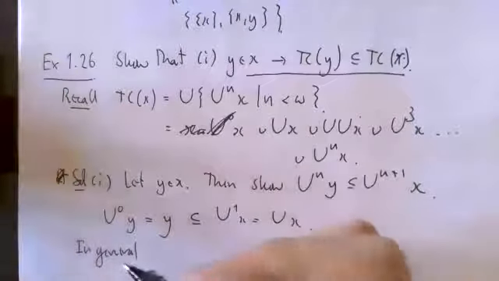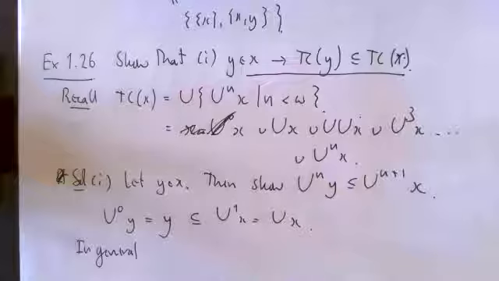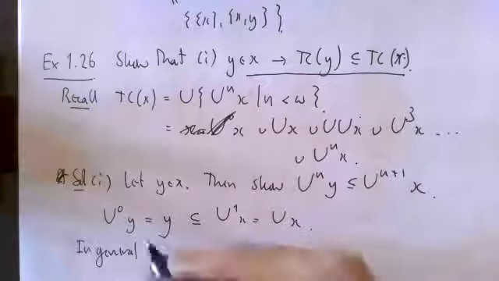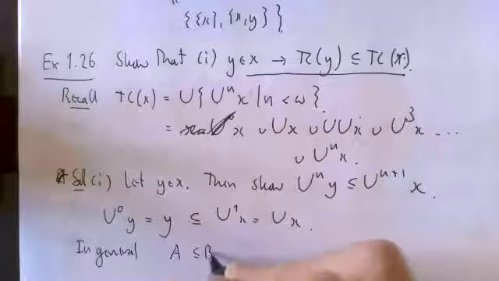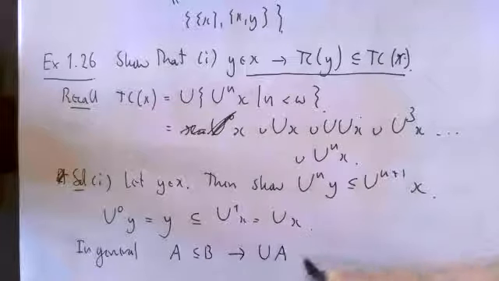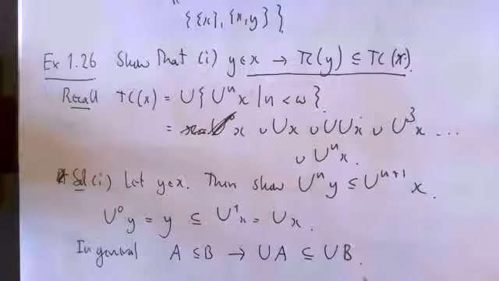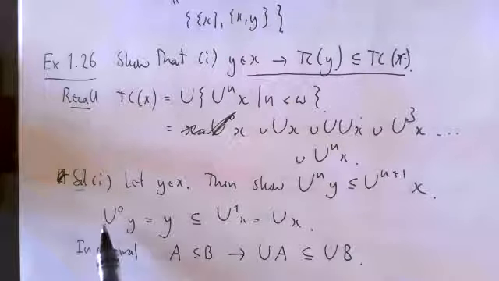So in general, right, we have the same thing. If A is contained in B, then big union of A is contained in big union of B. So I've got U0 of y is contained in U1 of x.